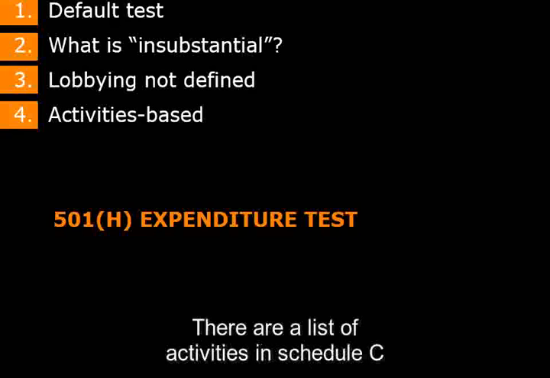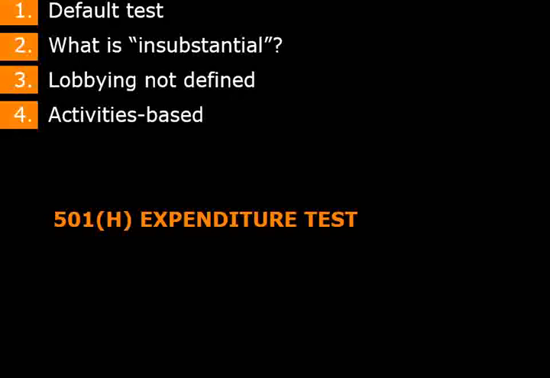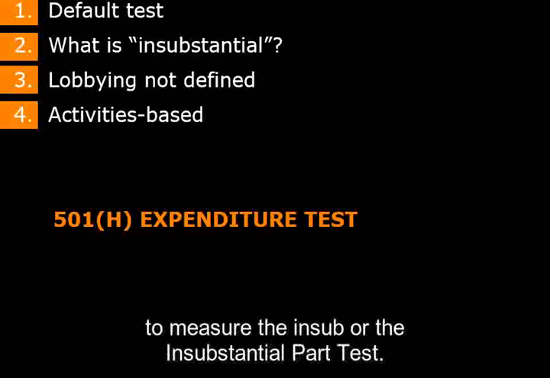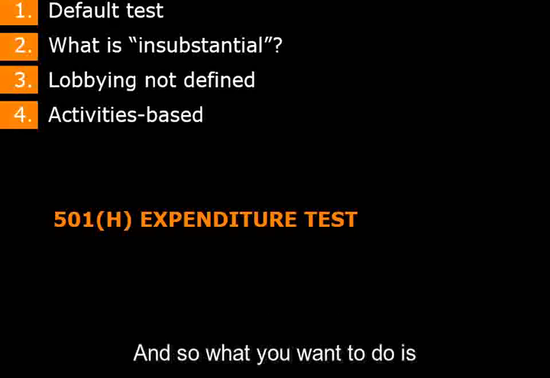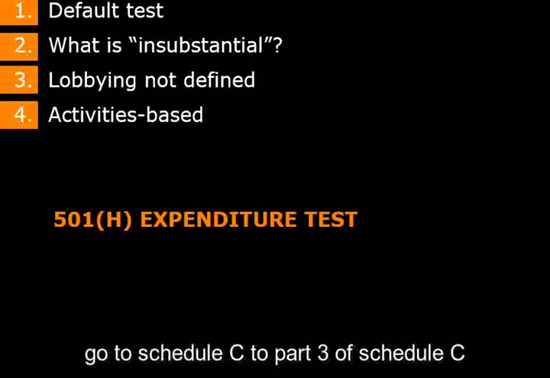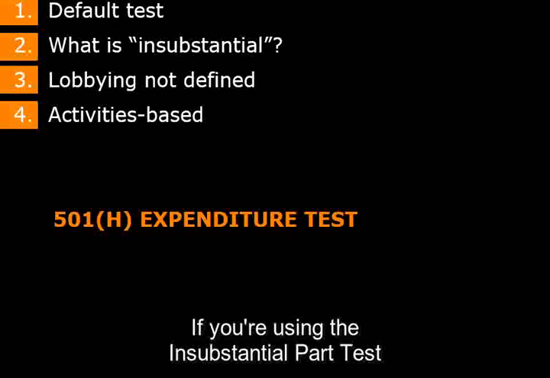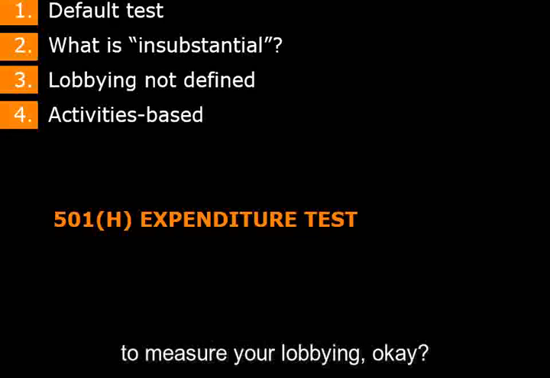There is a list of activities in Schedule C that we use to measure under the insubstantial part test. So what you want to do is go to Part 3 of Schedule C of the Form 990 and look at those activities if you are using the insubstantial part test to measure your lobbying.